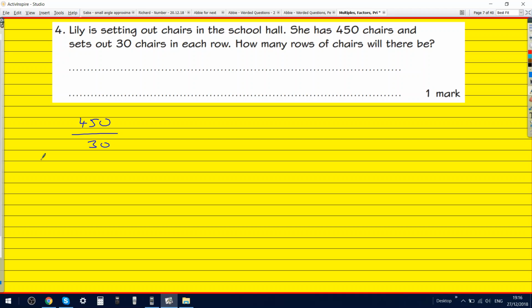Is there any number you can divide the top and bottom by? Well, they both end in a 0, so you can divide the top and bottom by 10.